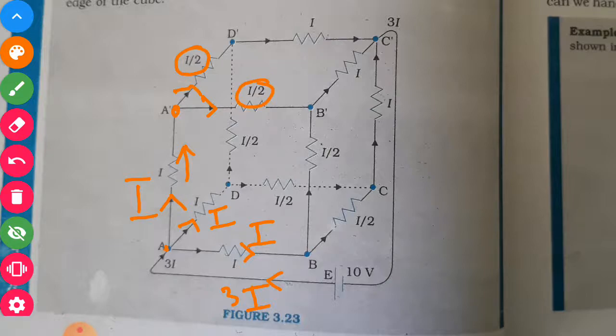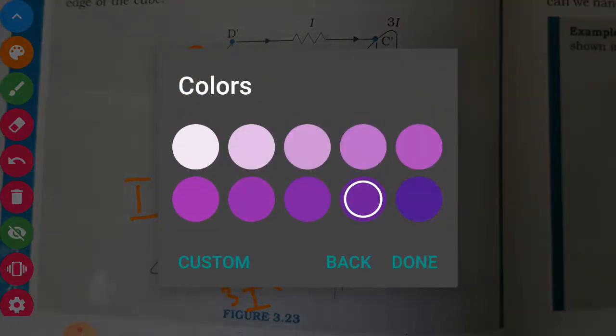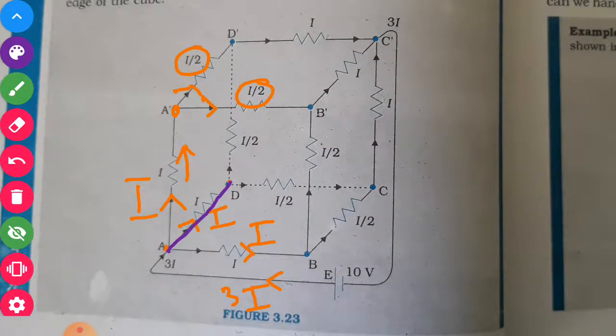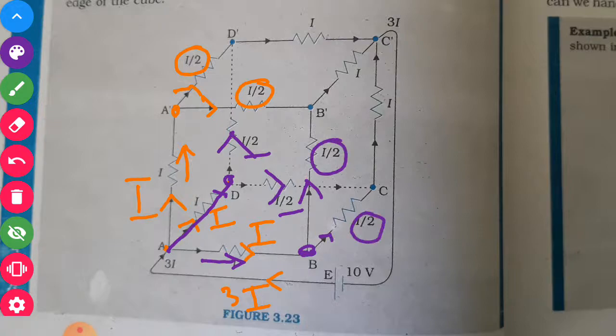Then take the AD branch: the current I which reaches at point D will be divided into two parts again, I by 2 and I by 2, you can see in this figure. Then at this B point the current comes and is also divided into two parts, I by 2 and I by 2. So you can understand the current distribution from this.